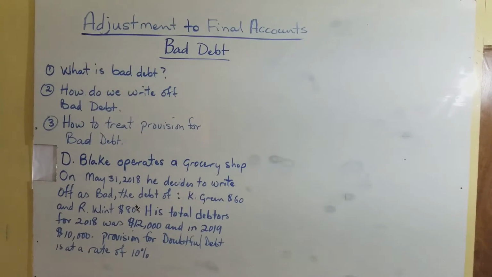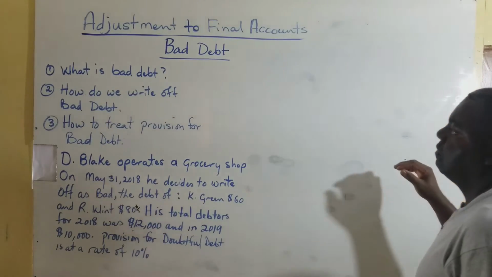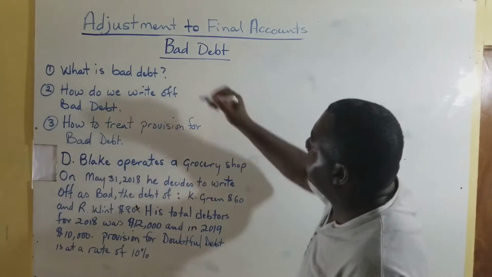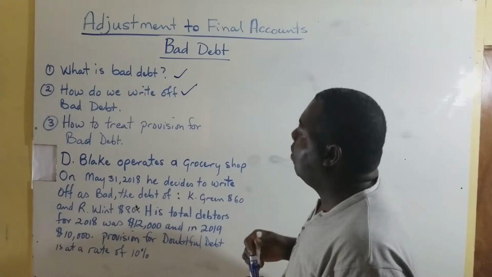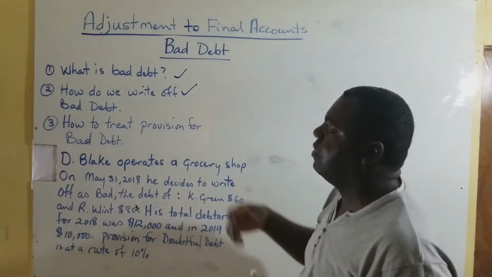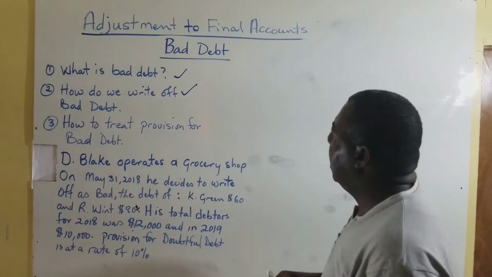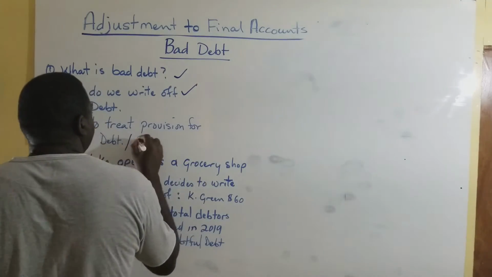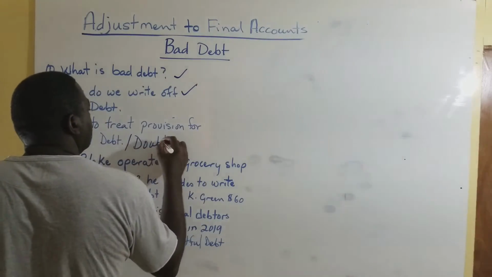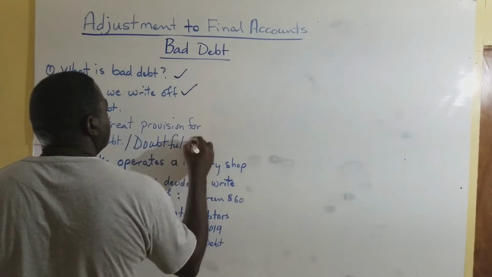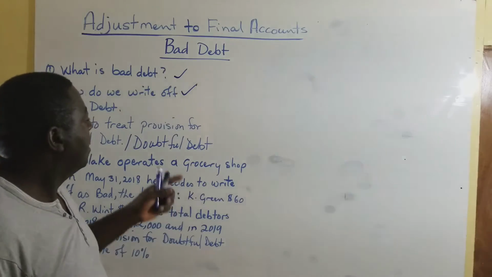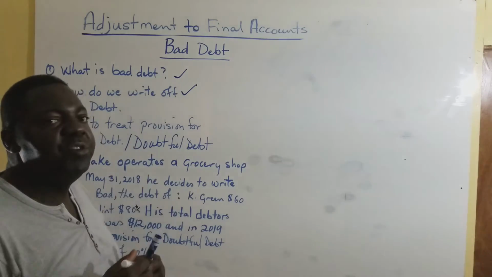So we would have done objective 1 and 2, and we're now going to do objective 3, provision for bad debt, and sometimes referred to as doubtful debt. Now, ladies and gentlemen, why do we have doubtful debt?